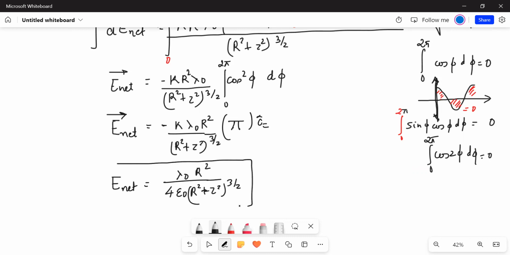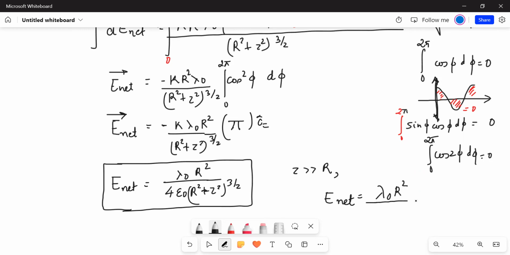And if this distance is quite large, that is, we want to find the electric field at a distance z which is very, very much greater than r, then the net electric field in that particular case is simply lambda naught r² divided by 4 epsilon naught z³.